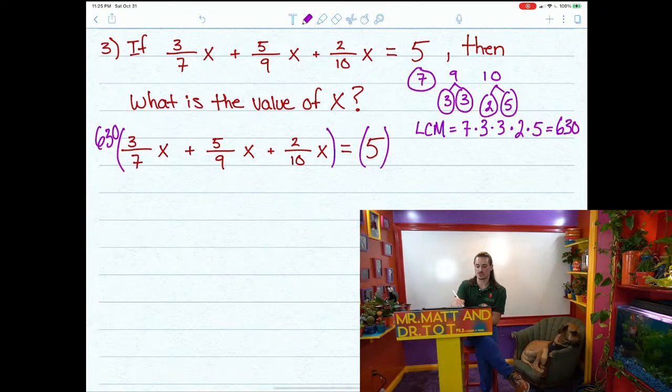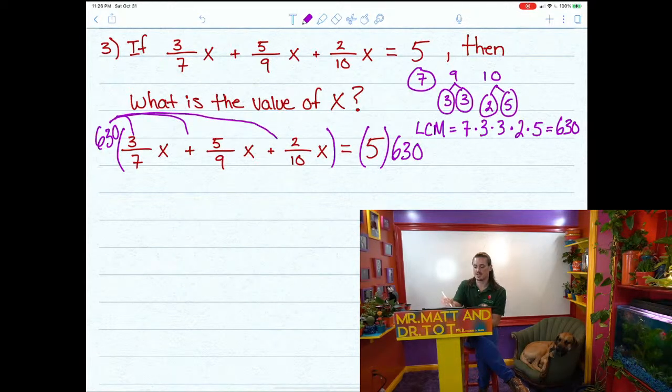So this turns into 630 times 3 over 7 x, plus 630 times 5 over 9 times x, plus 630 times 2 over 10 times x, is equal to 5 times 630.